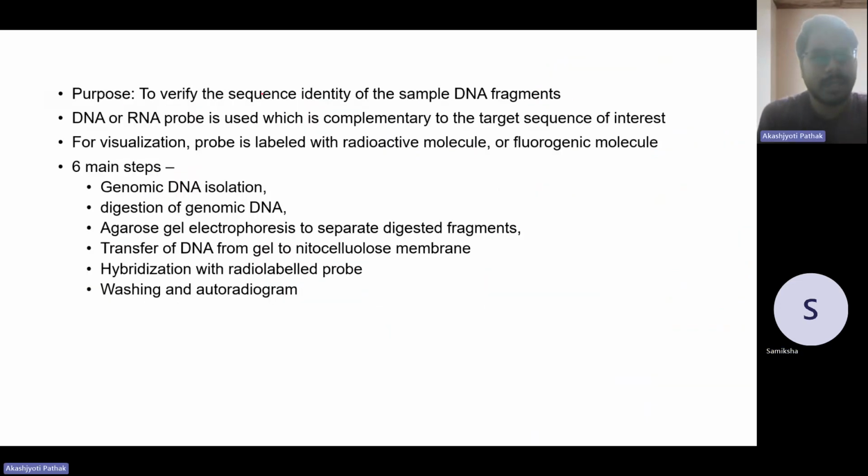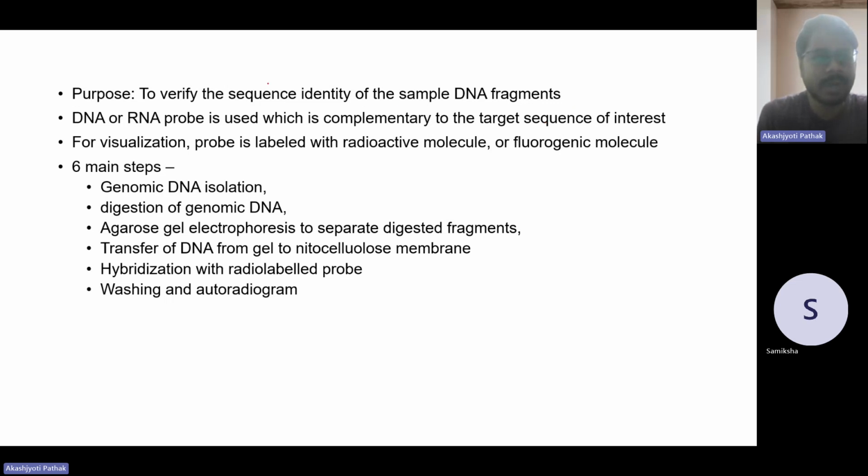Okay. So the Southern blotting, what is the purpose of this technique? The purpose is to verify sequence identity of the sample DNA fragment. So you're interested in a particular gene sequence or a particular gene, and you want to identify whether this particular DNA sequence is present in a particular cell.